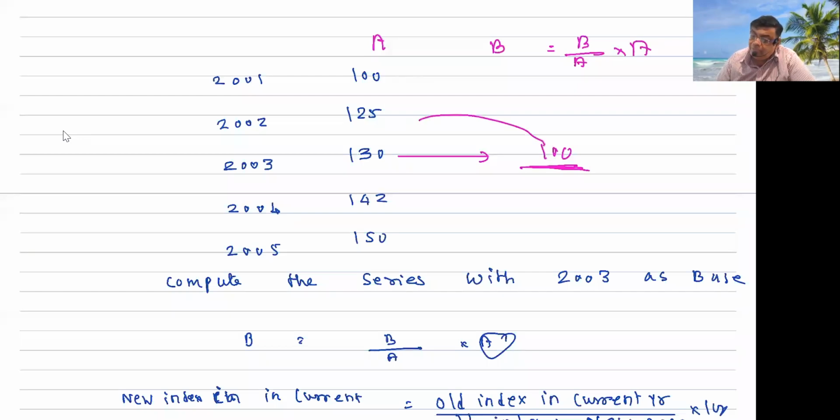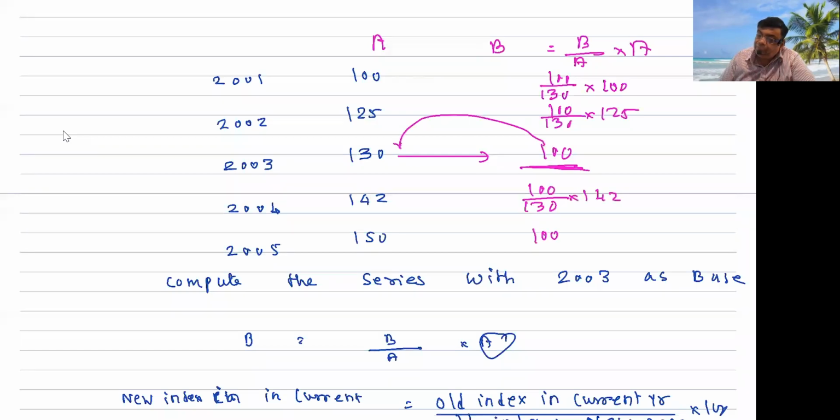So b upon a into the current index in A. So for that matter, this will be 100 over 130 into 100, 100 over 130 into 125, 100 over 130 into 142, and 100 over 130 into 150. ये आंसर हो गया.